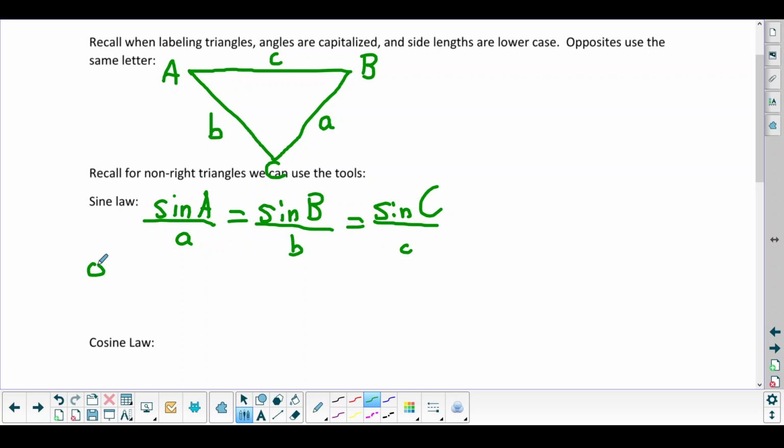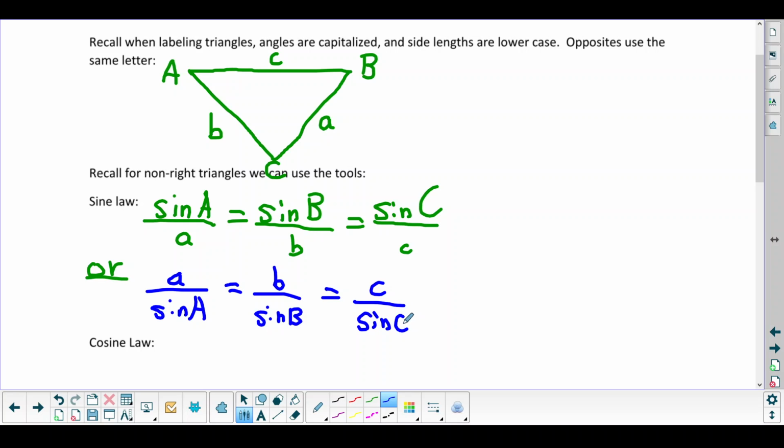The other version we have is just the flip of this. It's where we put all of the side lengths on the top. And this one's just a little bit easier to find the side lengths. So it's a over sine A equals b over sine B equals c over sine C. This is the same thing, it's just flipped upside down.